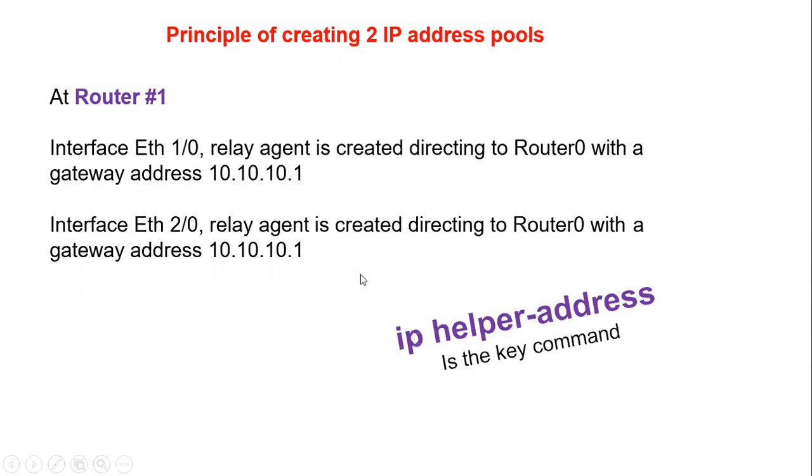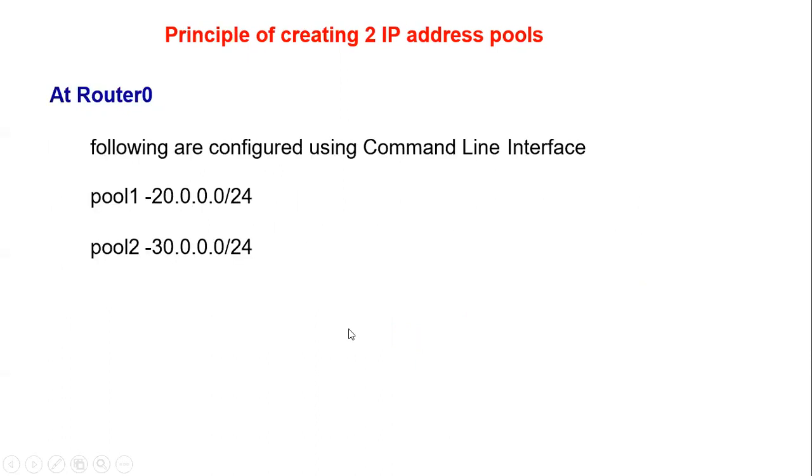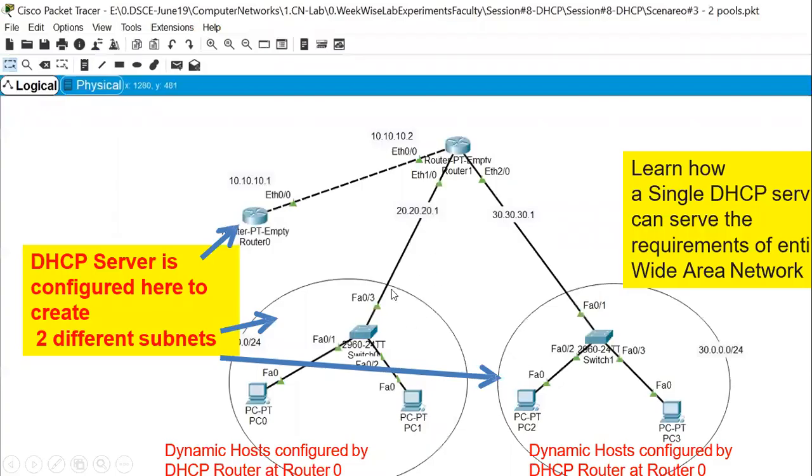So whichever interface the request comes in, at that interface you're going to forward the request. So where are the chances of the request coming? The request can come from this link and this link, and this has to be forwarded to 10.1. So at this interface, have the helper address which will forward the request to the 10.1 router.